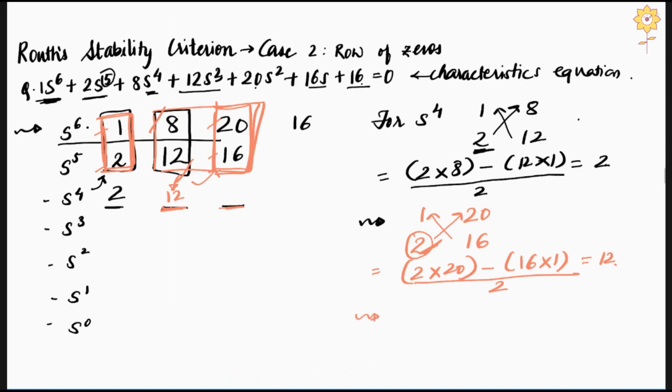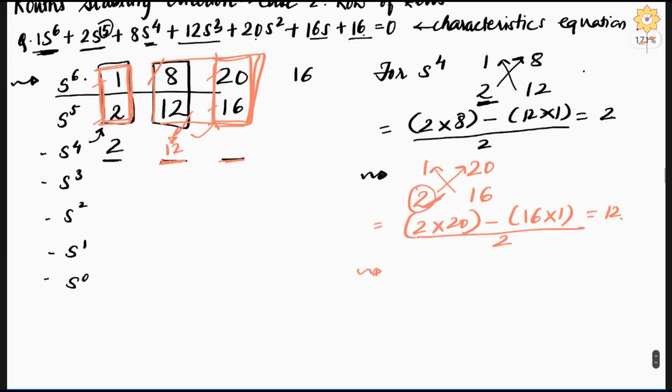Again, how do we do it? We will be using these two numbers, that is 1 and 2 from the preceding row, and these two values have been used. Now we will be using these values for this particular position. So we have 16, but we do not have any value here at this location, so we will be assuming it to be 0.